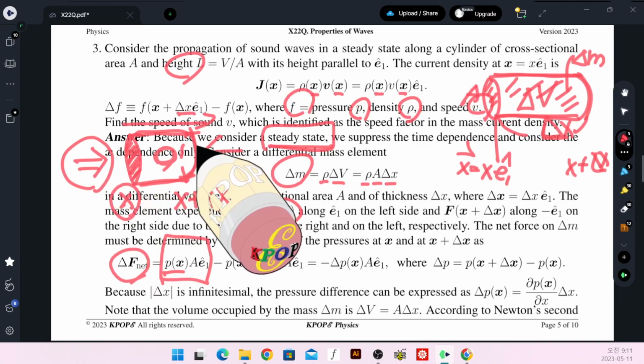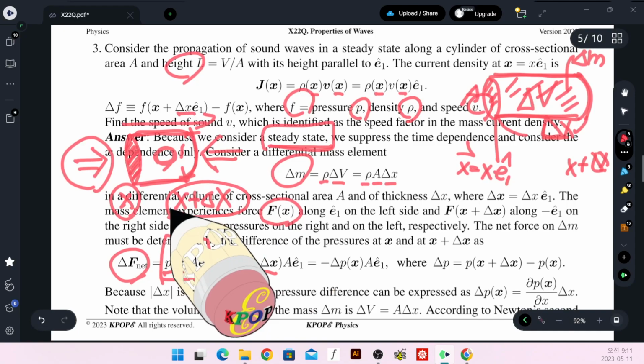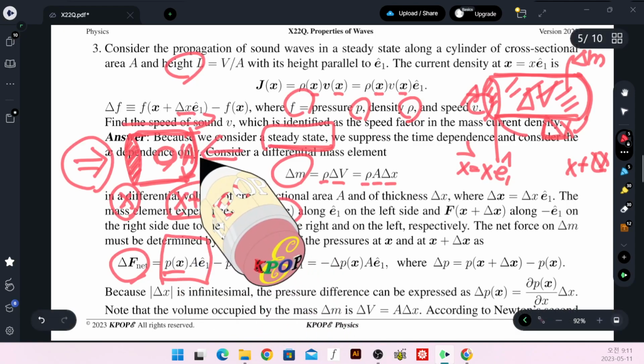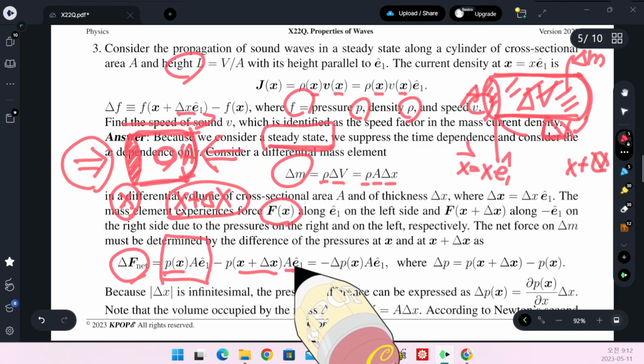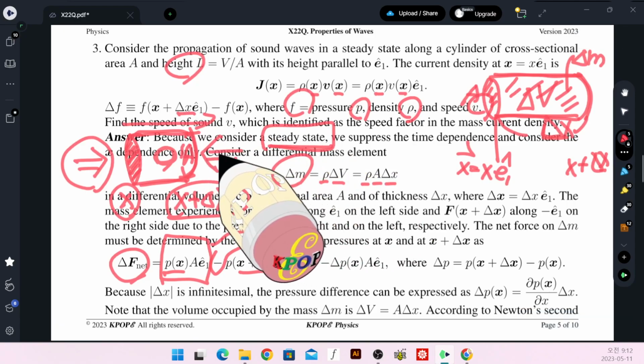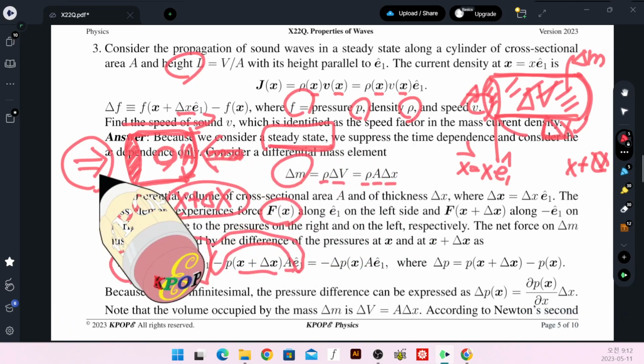What about the right-hand side? That is the same pressure but measured at x plus delta x, and cross-sectional area A, and then the unit vector is minus e1 hat, because this pressure is applying force from the right to the left.